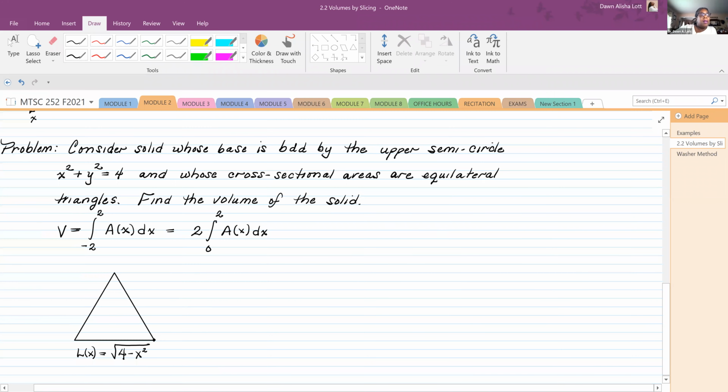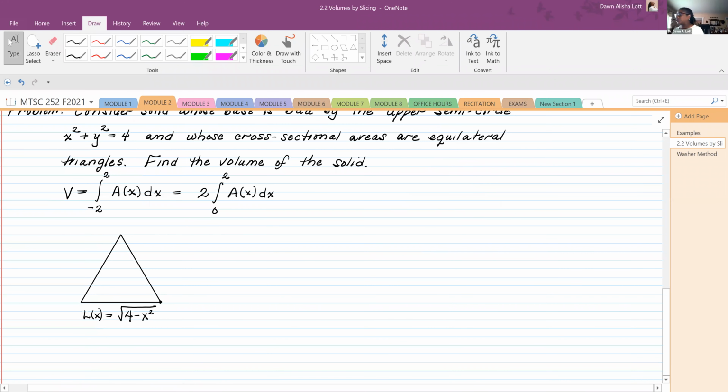Okay, well, this is an equilateral triangle, which means all the lengths are the same. But how do you find the area of a triangle? What I need is the area of this triangle, so A of x is going to be the area of this triangle.